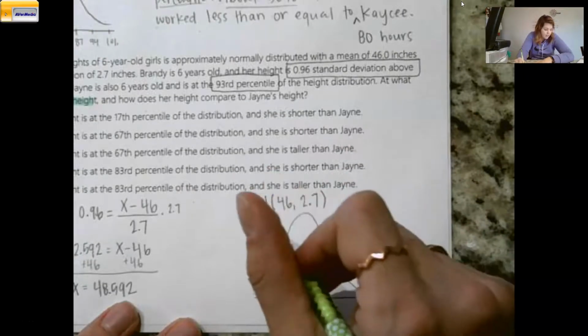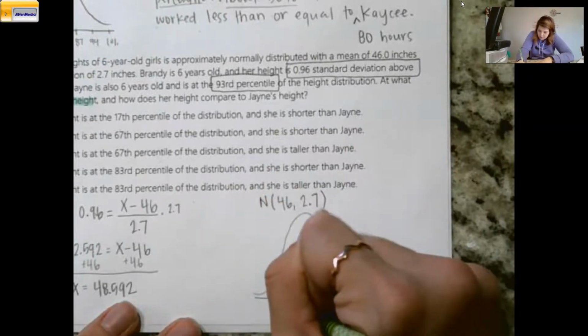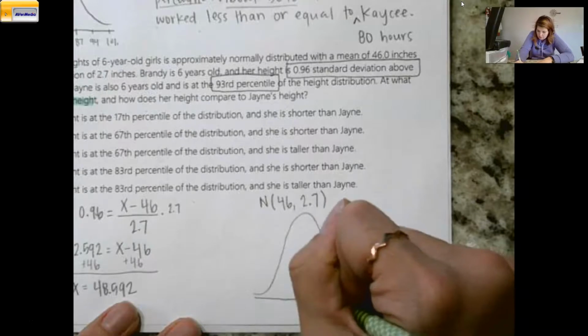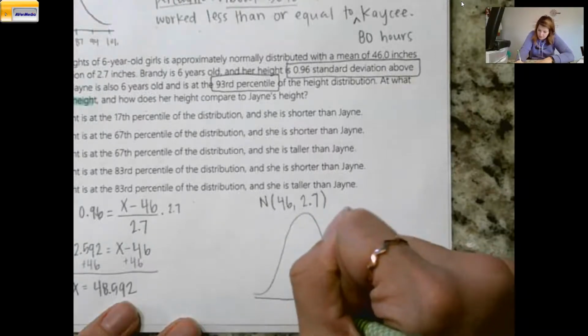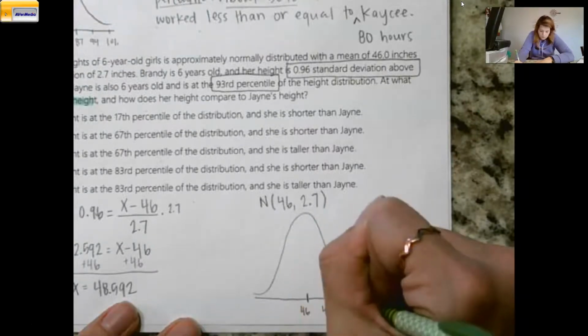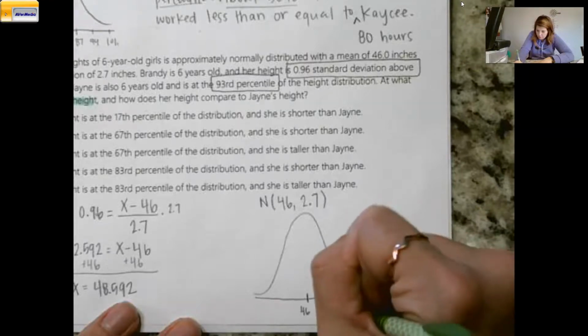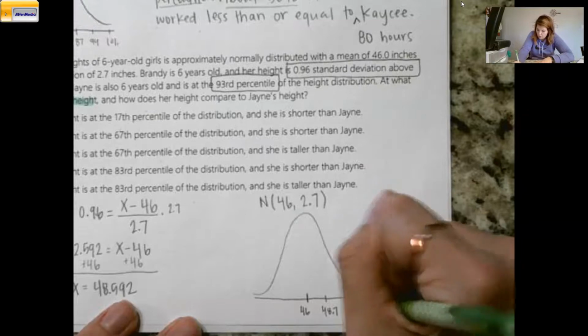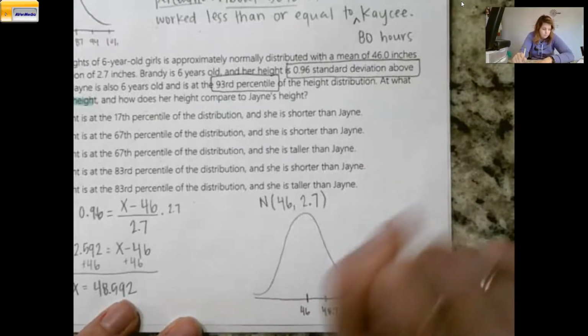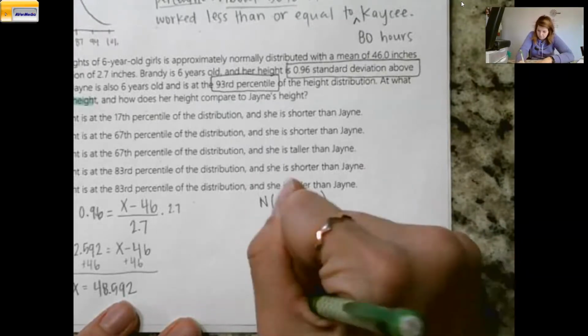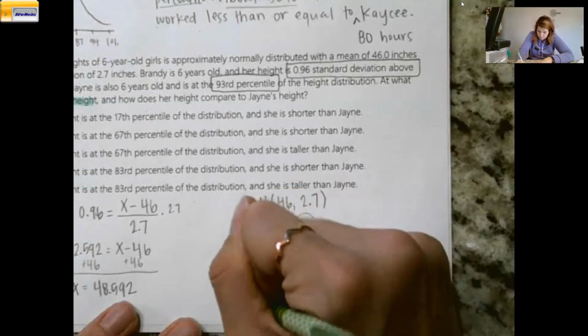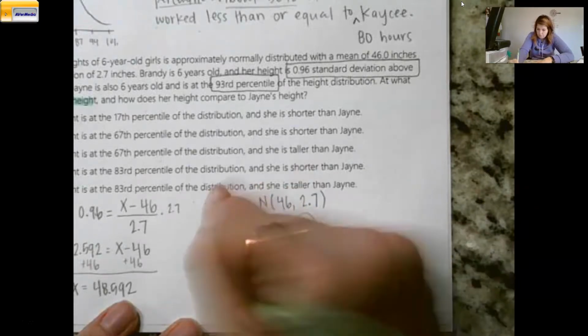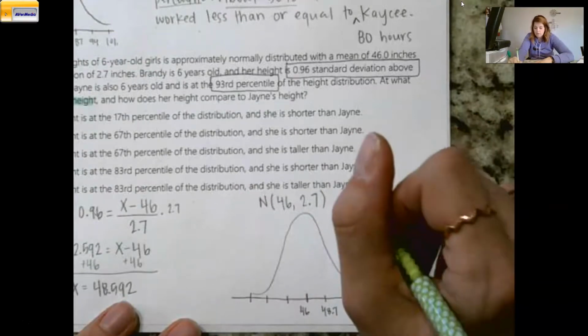So our center value is 46, 48.7, 51.4, 54.1. I will let you guys fill in the lower end.